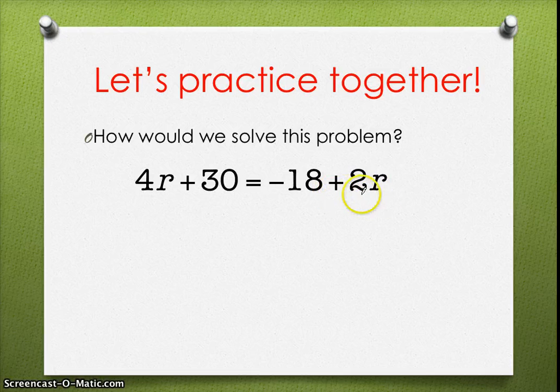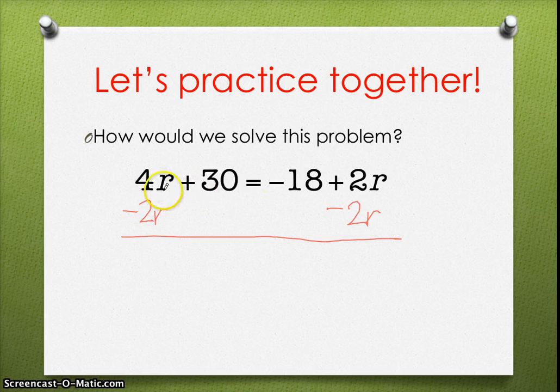So if we're adding a 2r on the right, in order to get rid of it, we need to minus the 2r, but we need to balance the equation by doing the same thing on both sides. So if I have 4r minus 2r, I get 2r. The 30 stays the same, equals negative 18.